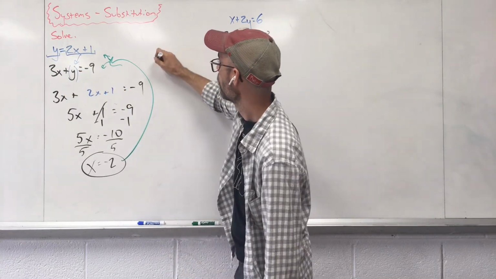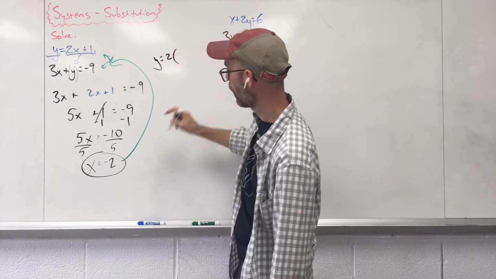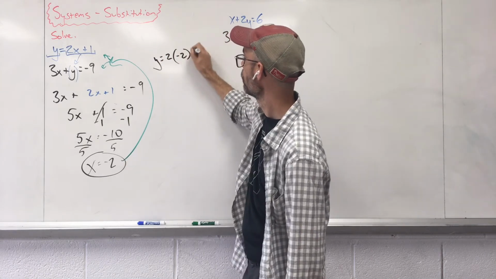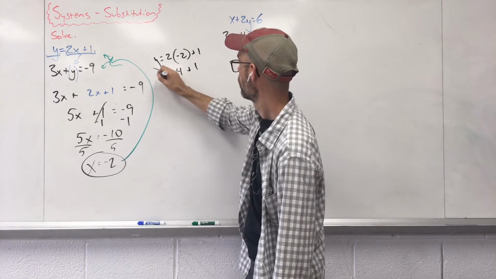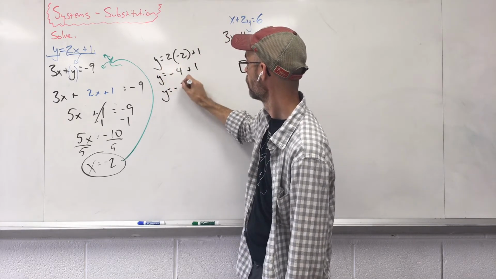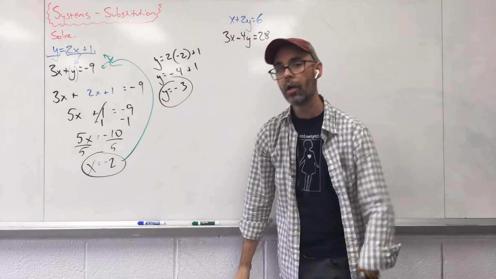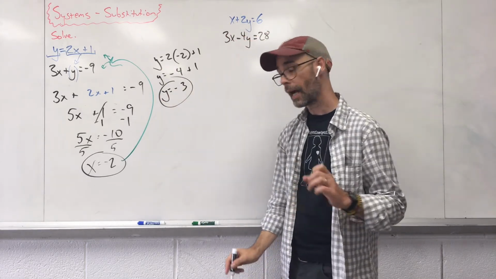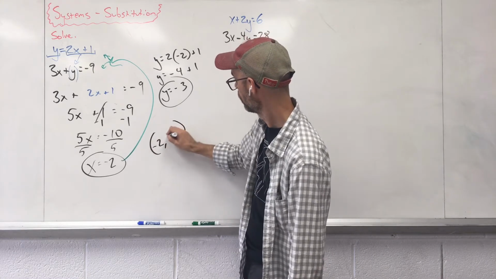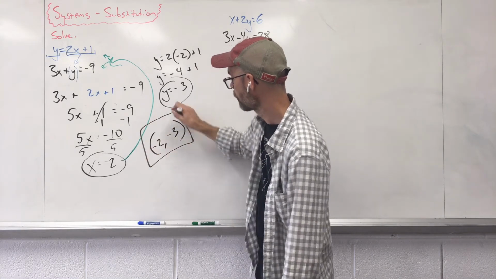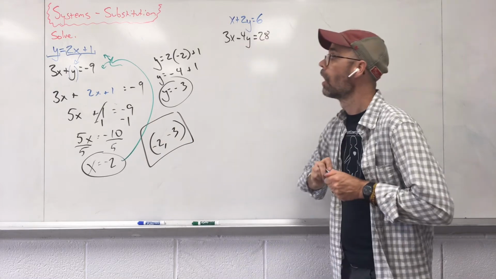So it's going to say y equals 2 times -2 plus 1, -4 plus 1, y equals -3. Cool. Still not done. I need to write my answer as a coordinate, -2, -3. That's your final answer for that.